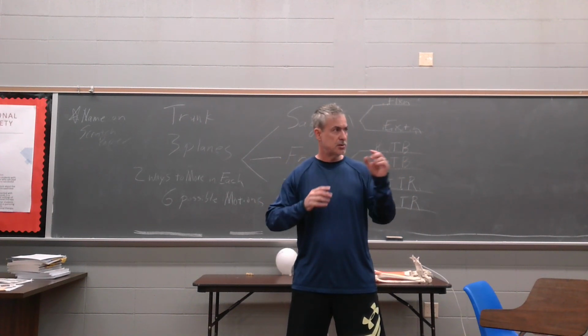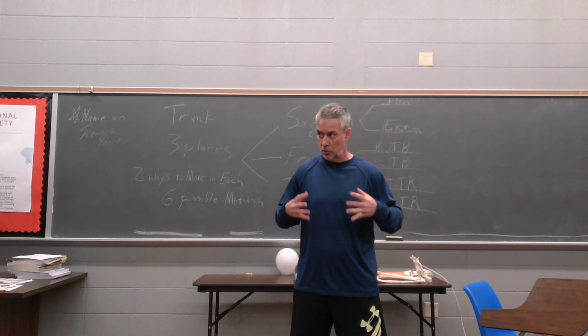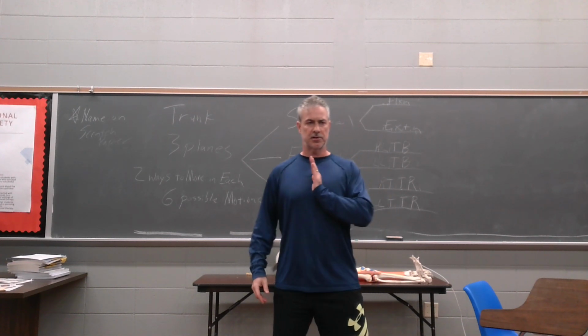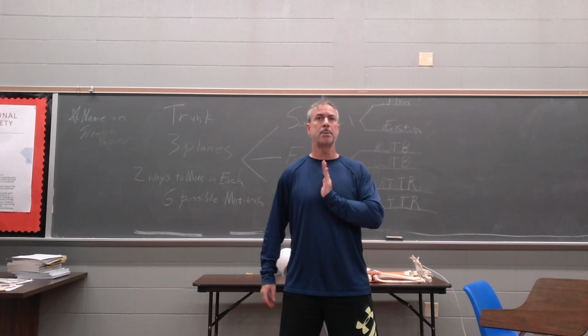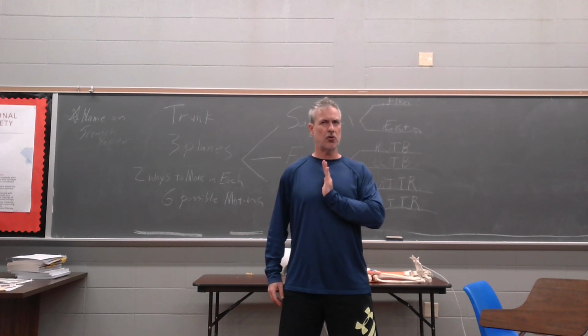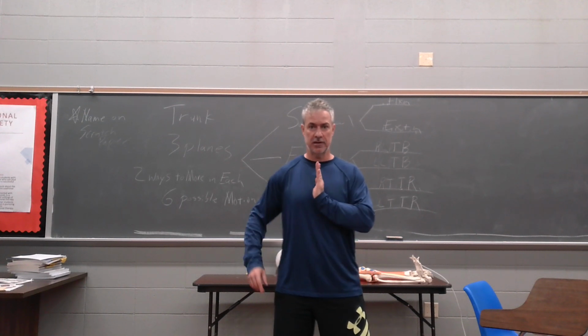And the problem is when you cross-reference local with global. Someone may say, okay, I got it, trunk is going to be represented by the sternum, but I'm going to do the sternum in relation to the room. Let me give you an example.